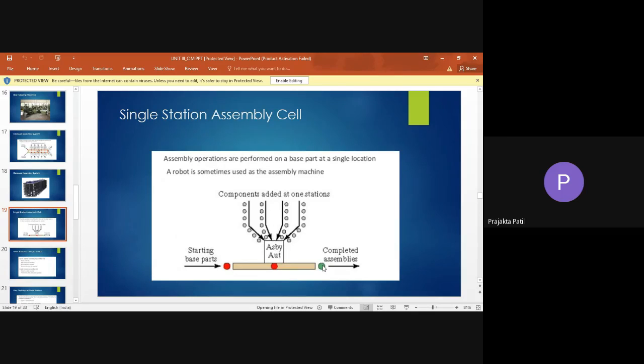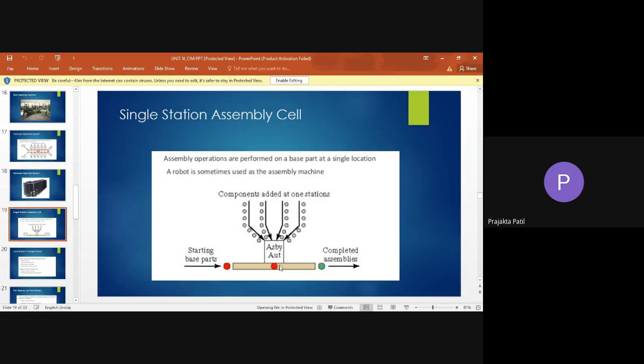This type of assembly system is slow when you compare it to all other types of configurations, because everything is happening at one station. There has to be entry of one component, then entry of another component. The base part will remain there itself.